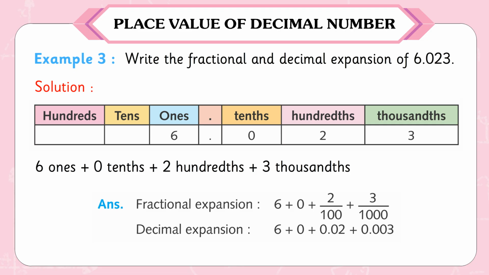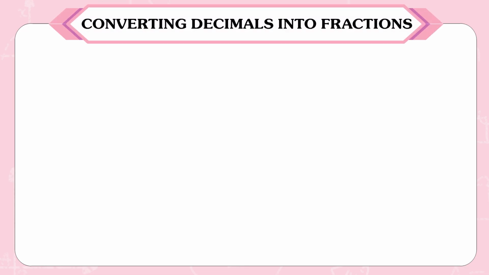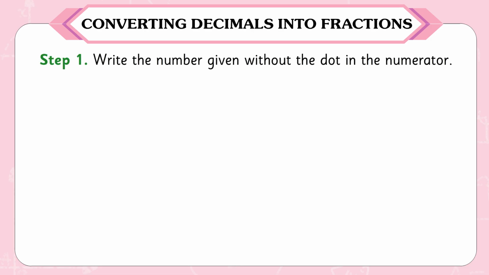Answer. Fractional expansion: 6 plus 0 plus 2/100 plus 3/1000. Decimal expansion: 6 plus 0 plus 0.02 plus 0.003.